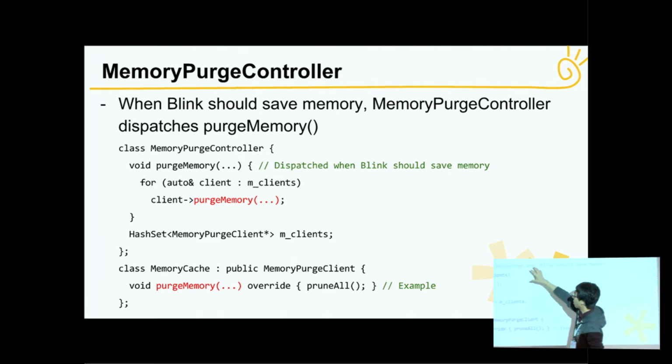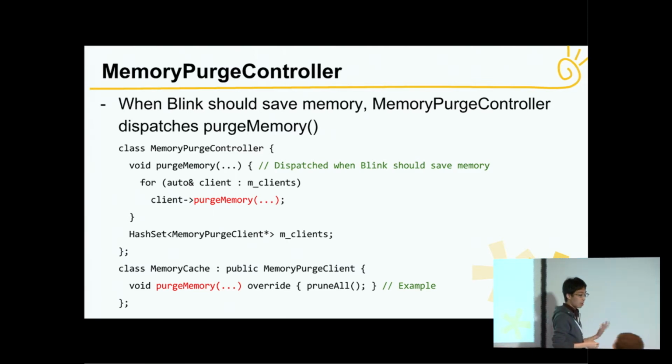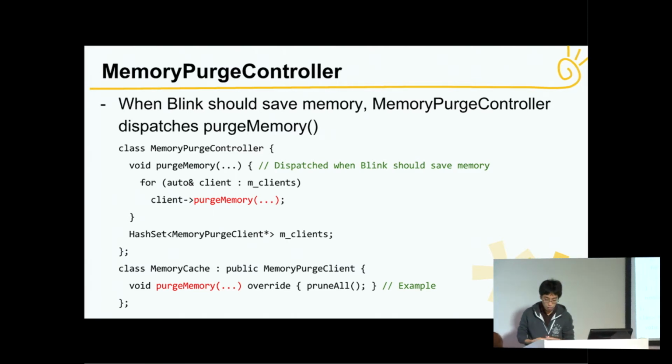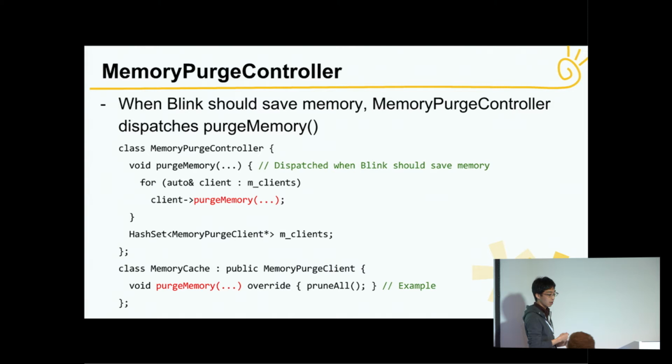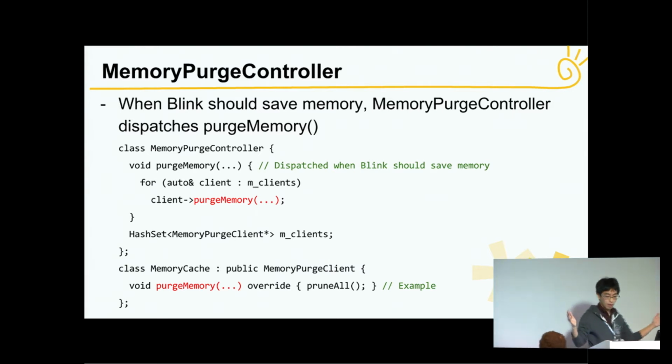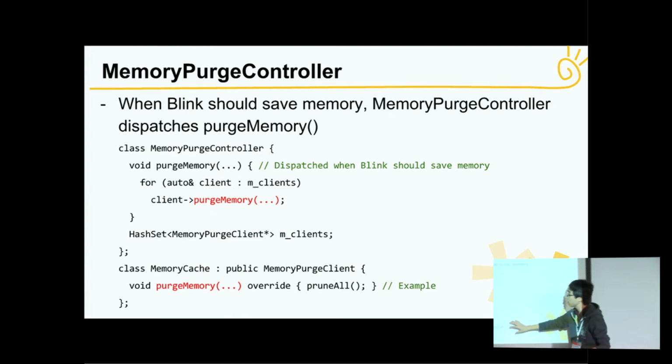When Blink should save memory, purge memory is dispatched by the memory purge controller, and the client just needs to implement purge memory. In this memory cache case, we can just prune all resources, for example. So we want to increase the number of clients of the memory purge controller so that we can purge more memory when Blink is in memory pressure scenarios.